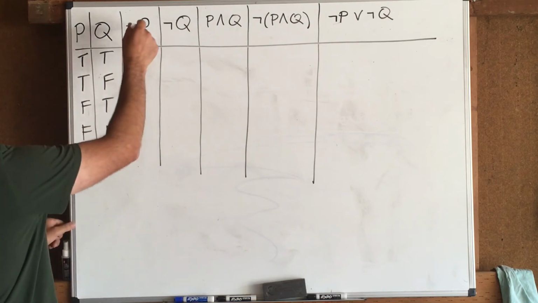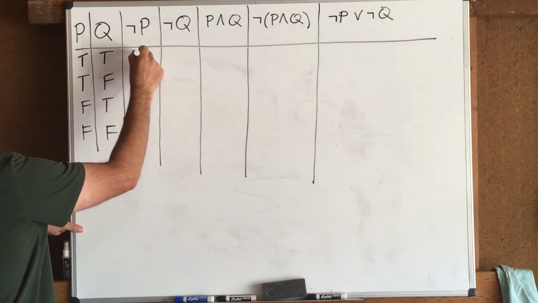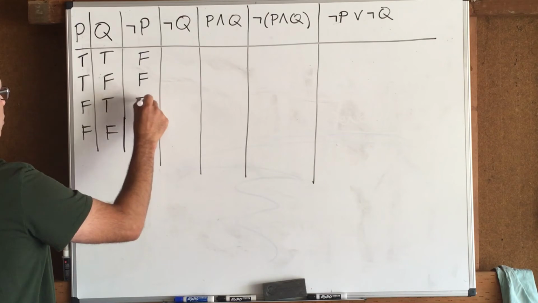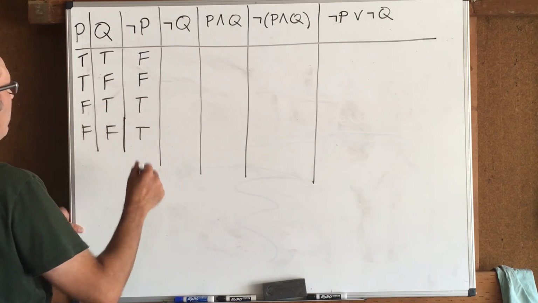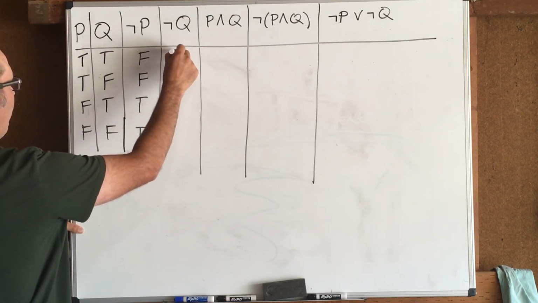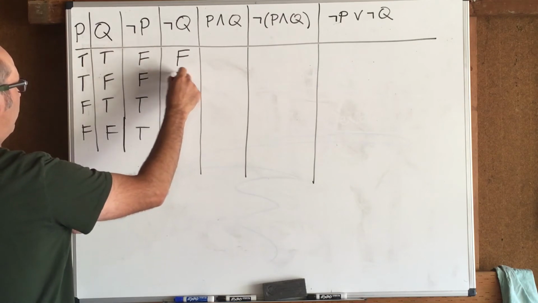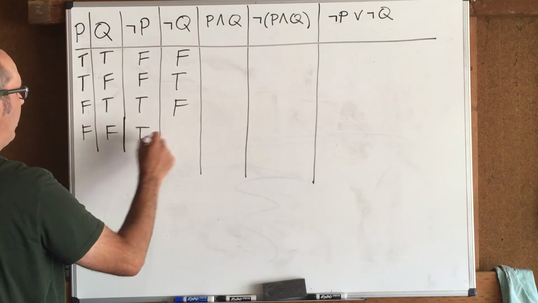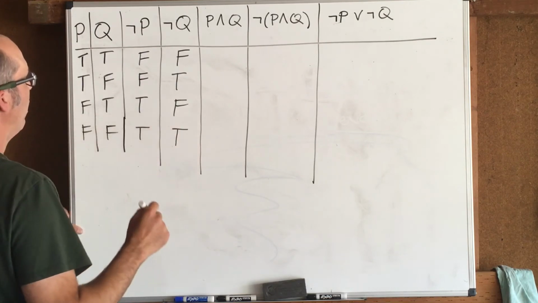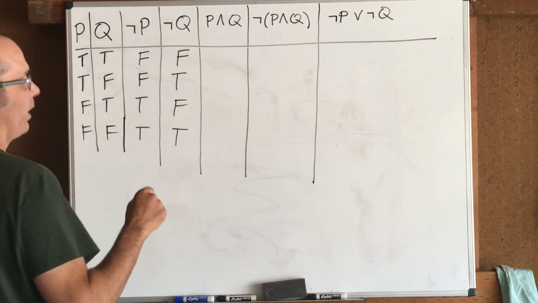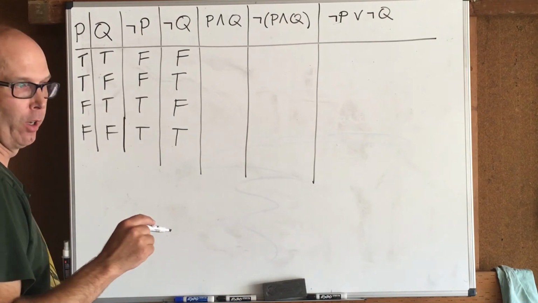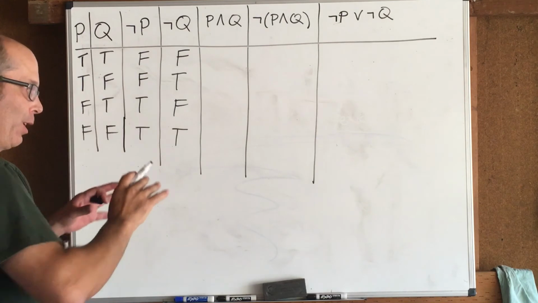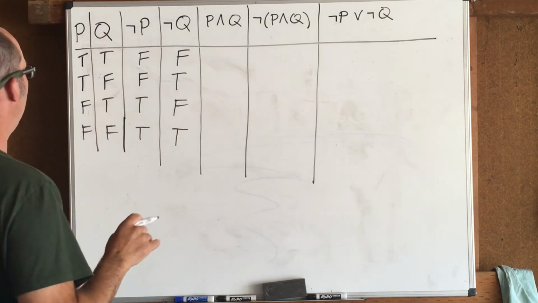All right, so the negation of P: if it's true, then it's false. So we got false, false, true, true. For Q, we have false, true, false, true. Now P and Q. Remember, an and is true only when both statements put together are true.